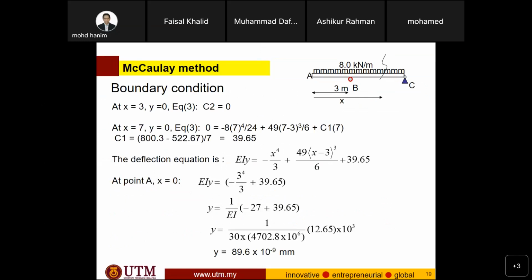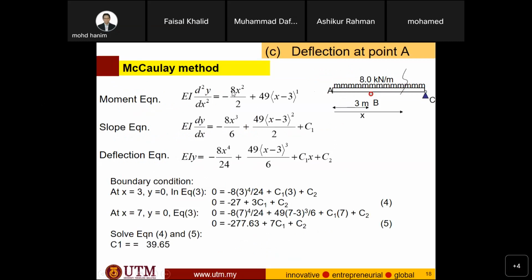Okay, Macaulay method, you use this equation. The difference between the Macaulay method and the double integration method is that in the Macaulay method, you have this kind of bracket. When you have this kind of bracket, that means you integrate anything in this bracket as if it is a variable.